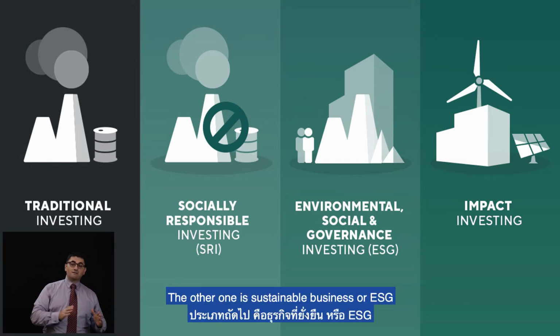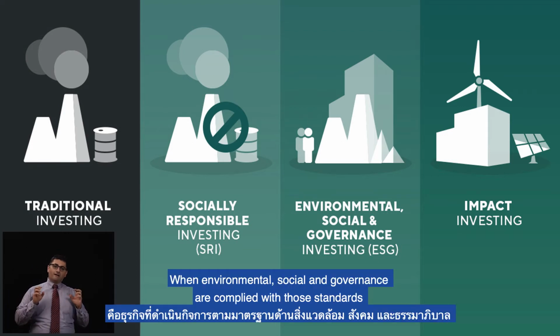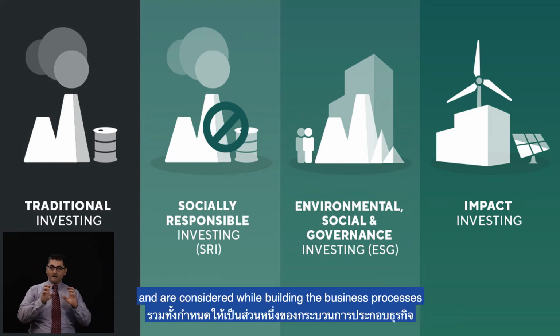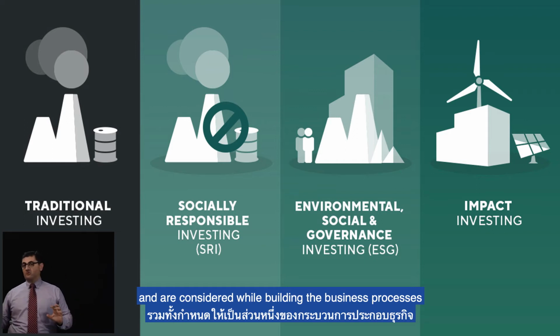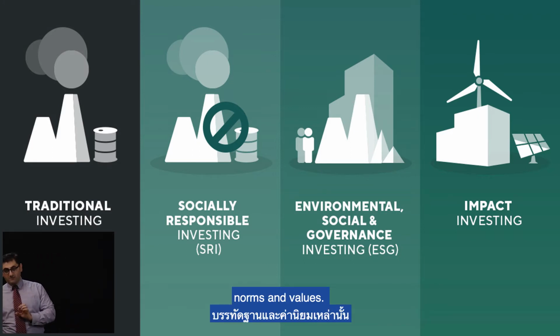The other one is sustainable business, or ESG, when environmental, social and governance standards, and compliance with those standards, are considered while building business processes. So ideally, all the business processes are compliant with those norms and values.